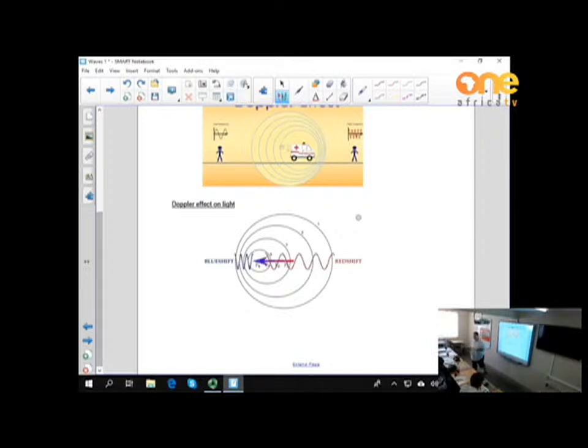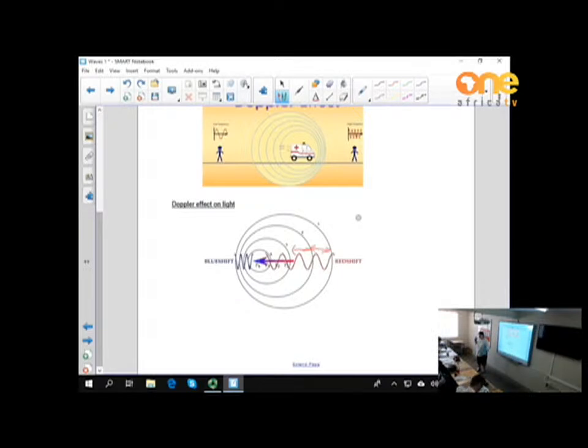How do scientists know this? On what is this based? If I have a source of light giving off white light, red, orange, yellow, green, blue, indigo, violet, red on the one side, violet on the other. If this thing that is giving off light is moving away from me, I will observe a longer wavelength.